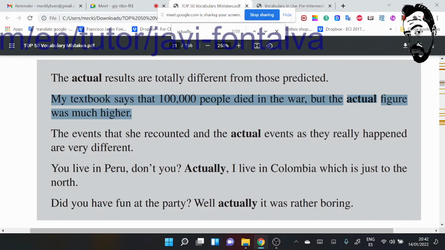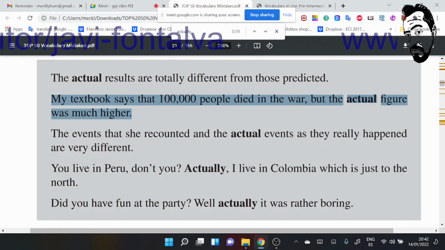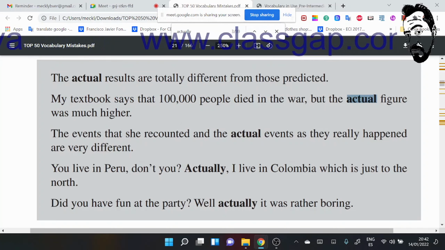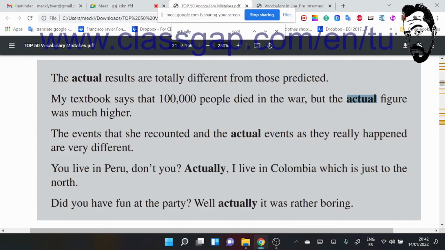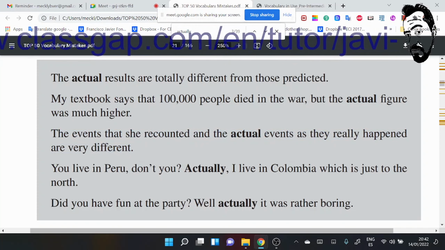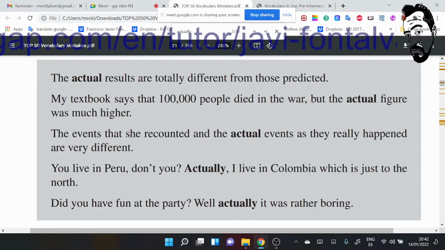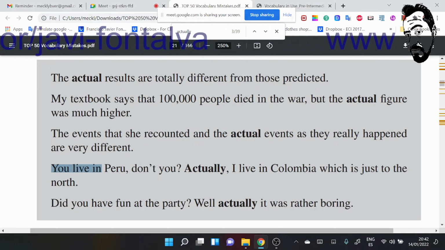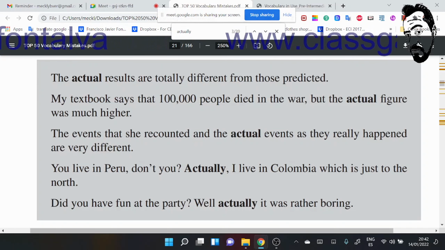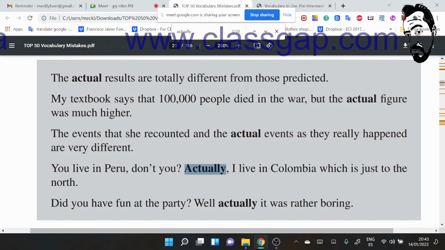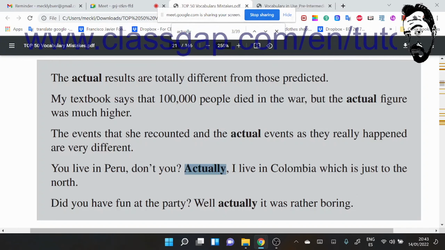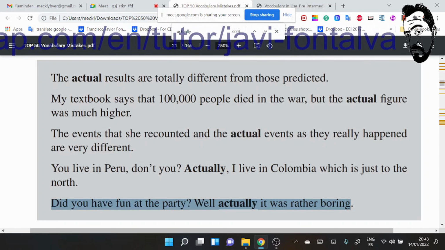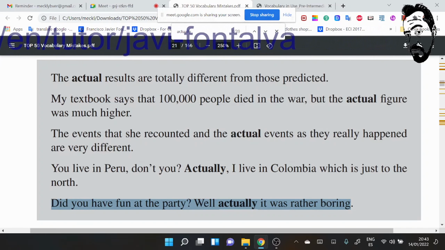My textbook says that 100,000 people die in the world, but the actual figure was much higher. So notice it means something different. It doesn't mean actual like in Spanish. Okay. The events that she recounted and the actual events as they really happened are very different. You live in Peru, don't you? Actually, I live in Colombia, which is just to the north. So, in reality, yeah? Okay. Did you have fun at the party? Well, actually, it was rather boring.